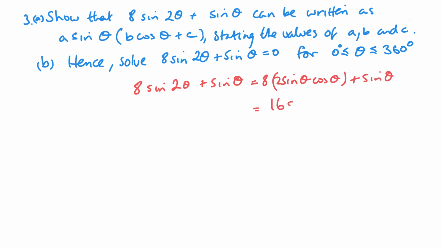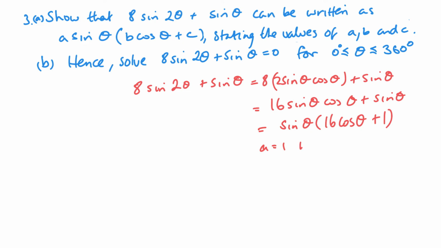So we're left with 16 sine theta cos theta plus sine theta, and then we need to factorize. So in this case, we can only take sine theta outside, leaving 16 cos theta plus 1. So you can see that A is equal to 1, B is equal to 16, and C is also equal to 1.